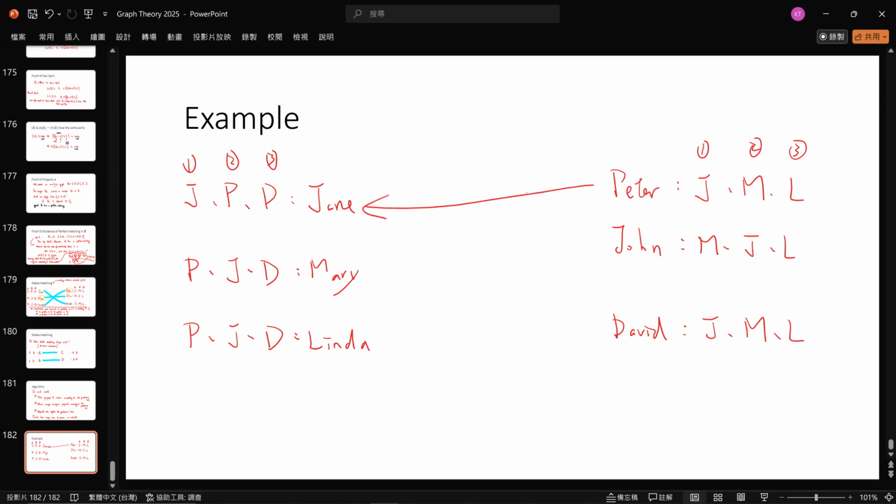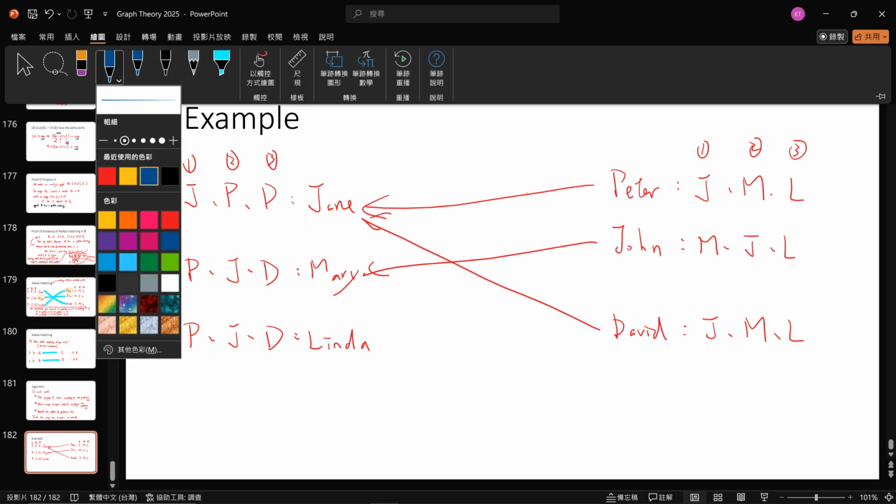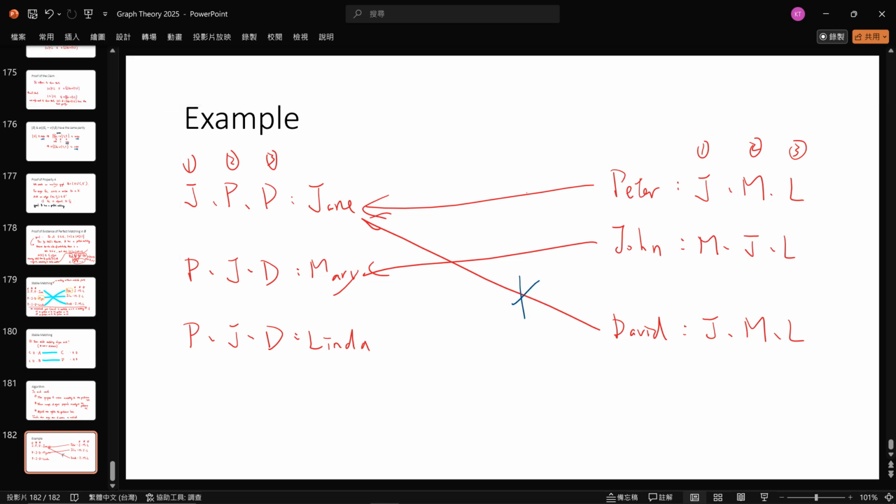So first round, first step. Peter proposes to Jen, and John proposes to Mary, and David proposes to Jen. So this is the first step. And the second step, for Jen, according to her preference lists, Jen will reject David's proposal.